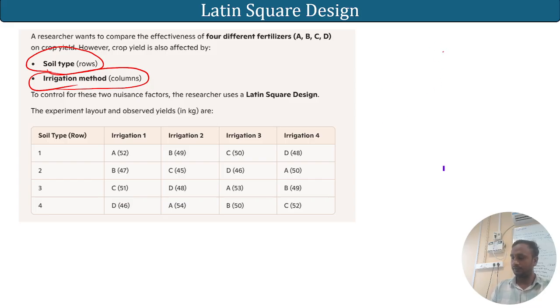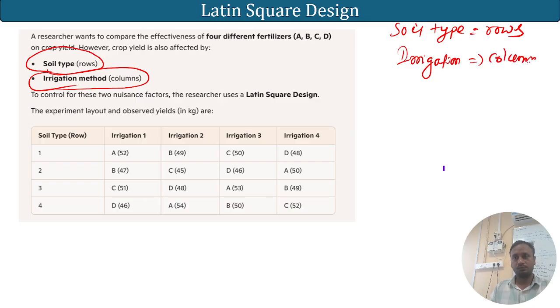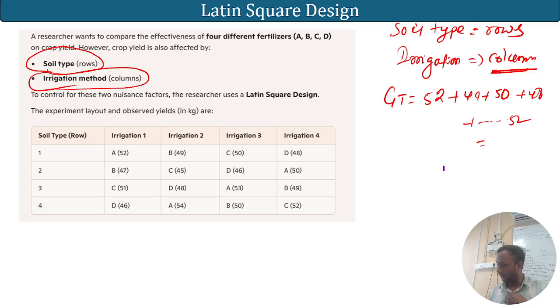It is the summation of 52, 15, 49, 50 plus 48, and so on till 52. It came to how much? And now we'll go with the row total.